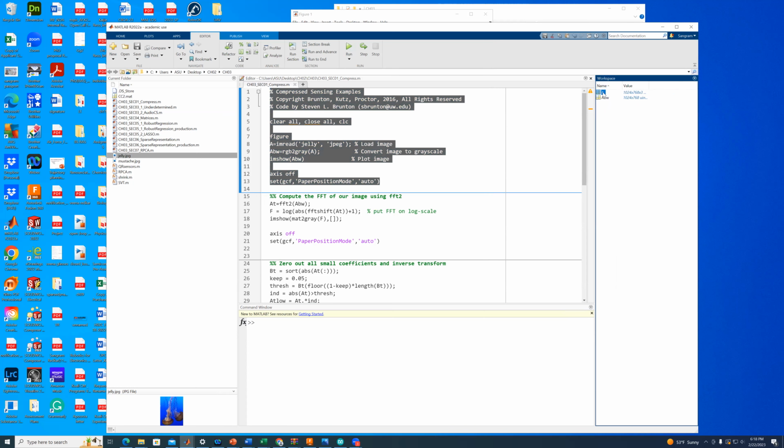This A matrix is the actual image, which is an RGB. That's why you have 1024 multiplied by 786, and there are three gradations of color, RGB. So what you have is a tensor: one matrix of R, a second matrix of B, and a third matrix of G.